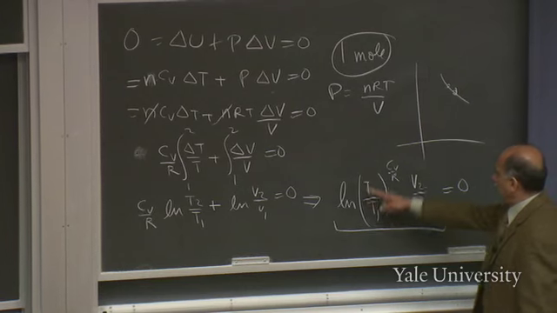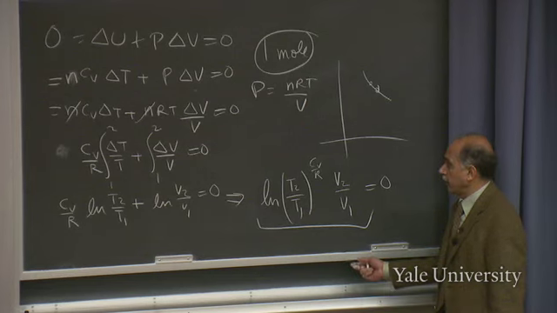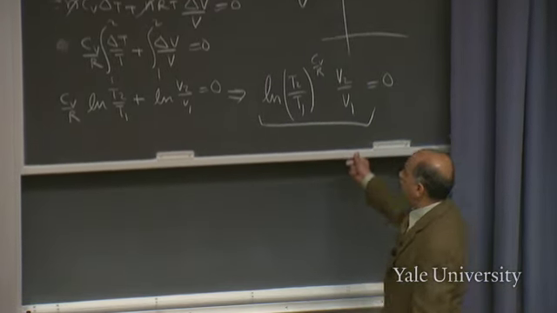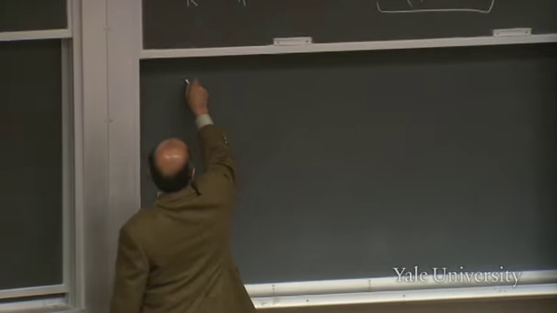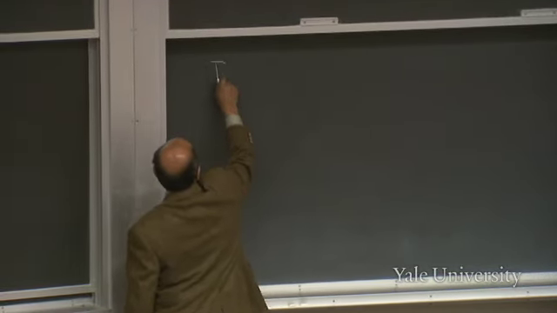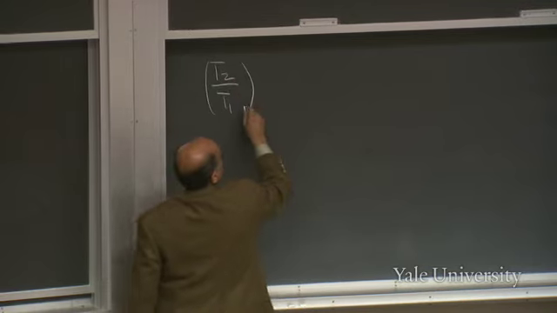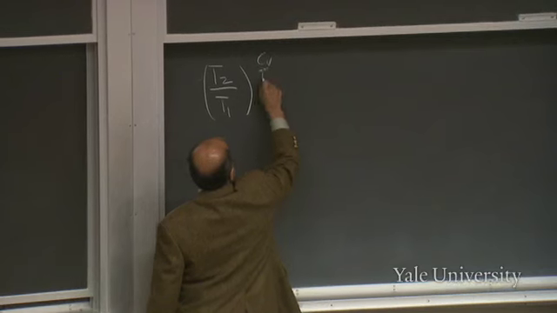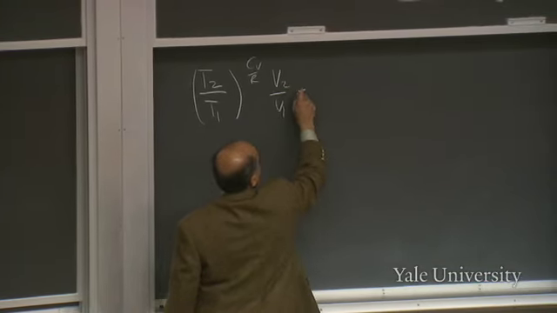Now, log of something is 0 means that something is 1, because log of 1 is 0. So we rewrite the final expression I got up there by saying T2 over T1 raised to CV over R times V2 over V1 is equal to 1.